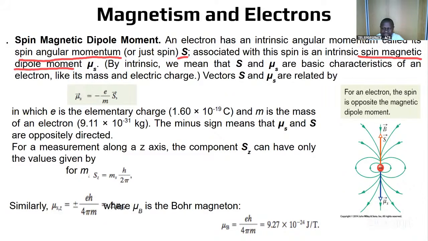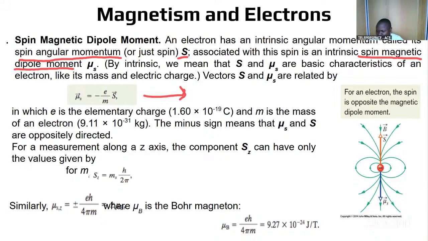The spin angular momentum and spin magnetic dipole moment are related by this equation, where E is the elementary charge, with value 1.60 times 10 raised to minus 19 coulomb.